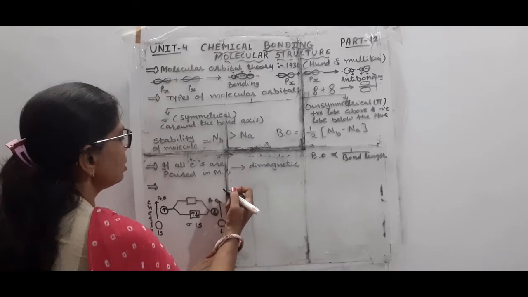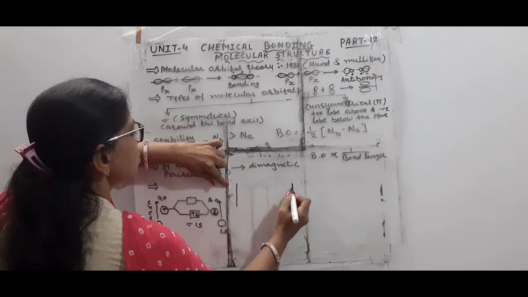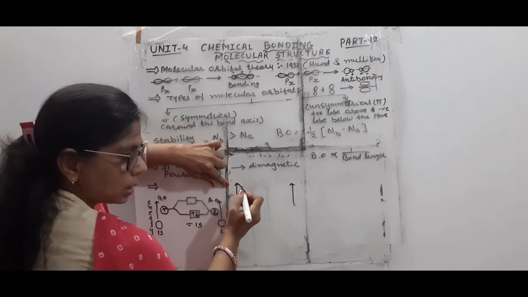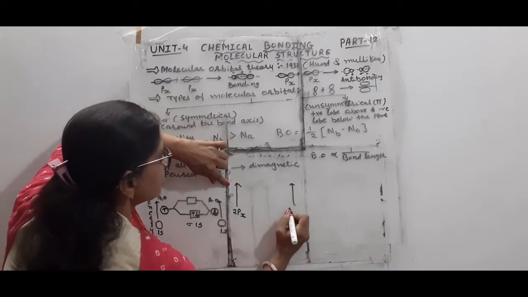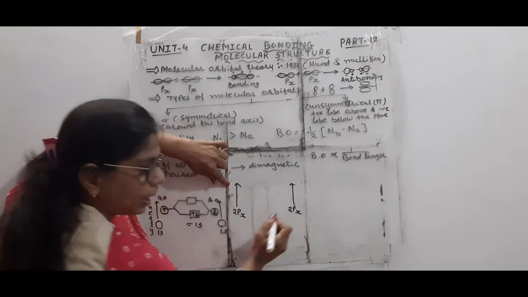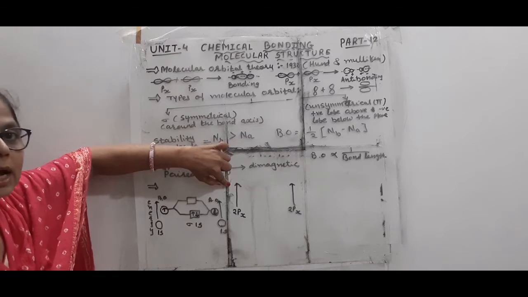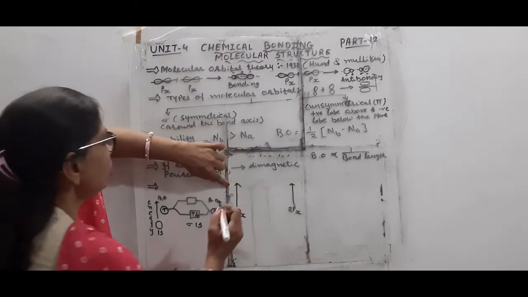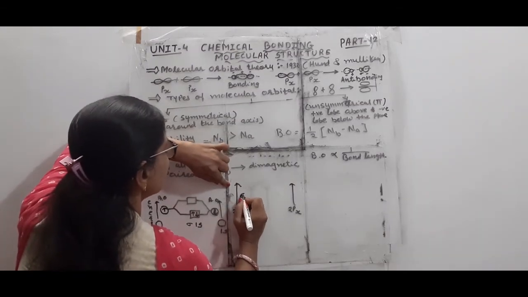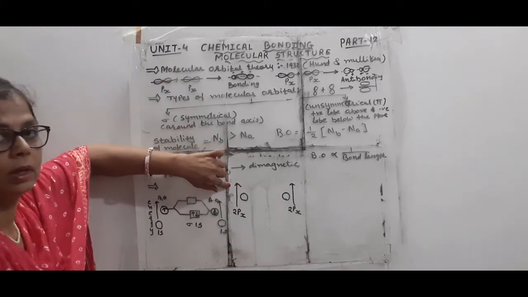Now the same way, suppose we go for the 2px. Suppose this is your energy level and we are drawing for 2px. Same way here also 2px. Now if you are thinking about carbon, or we can say lithium or beryllium, then this is your atomic orbital for nitrogen.